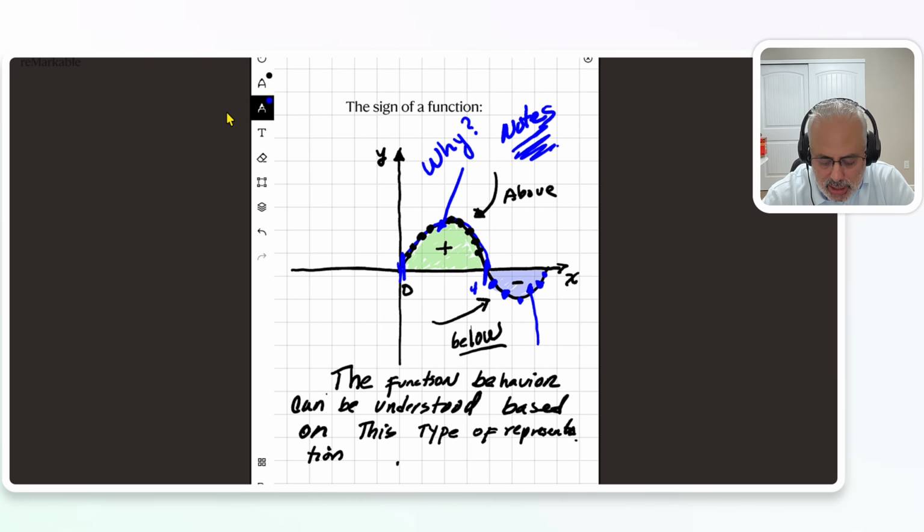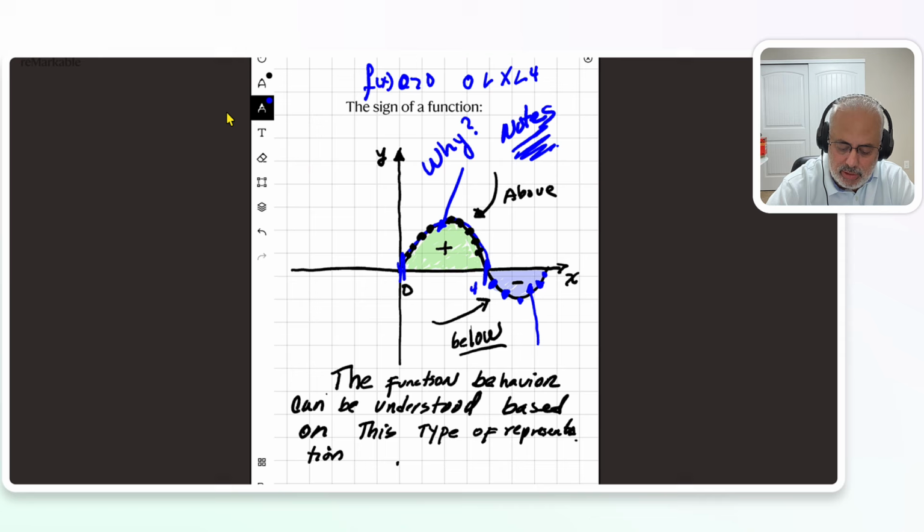Because when the notation comes to play, you say, oh, the function in the interval, I don't know, x less than 4 and greater than 0, in that interval. So when you start writing more sophisticated notation, they understand that the function in that interval between 0 and 4 is positive.